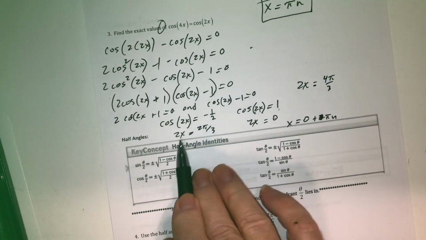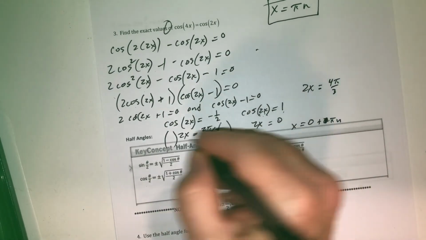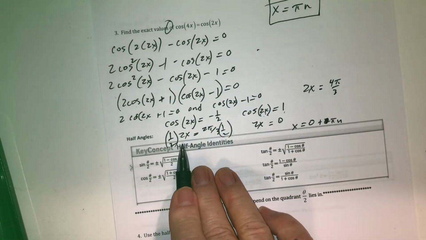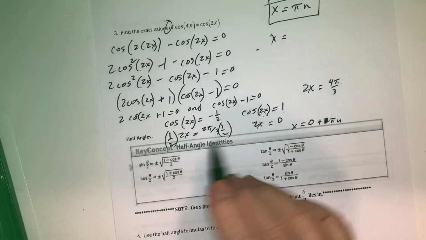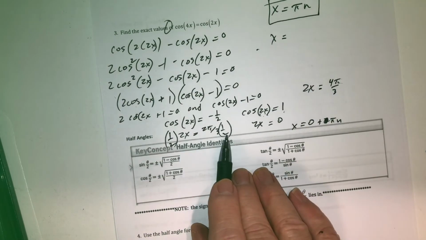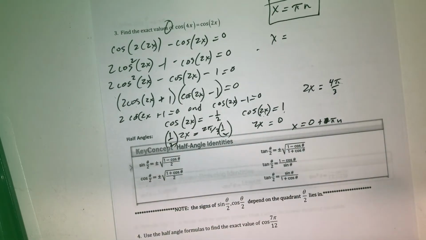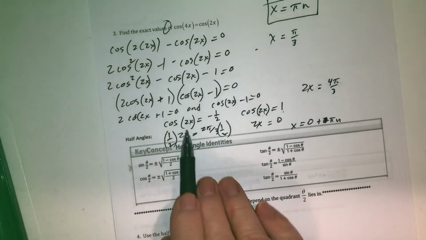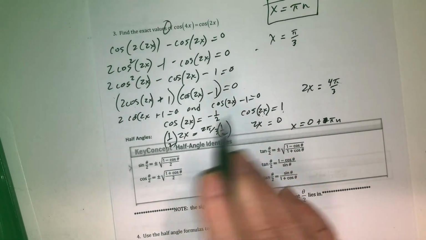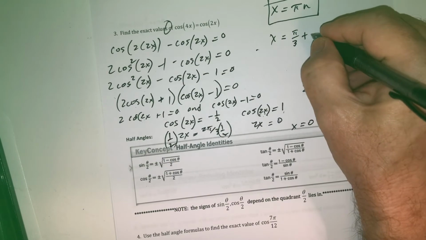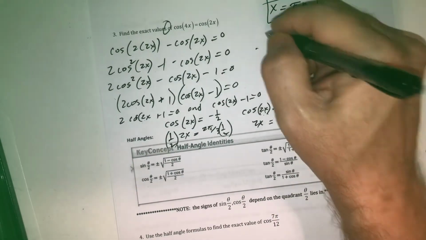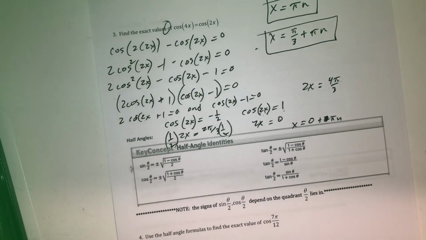So let's solve this. We need to multiply both sides by 1/2. When we do, this one's going to give us x is equal to, the 2's would cancel, so that would be pi over 3, but we have to keep coming back around. The period's changed to pi, so pi times n. There's another set of infinite solutions.